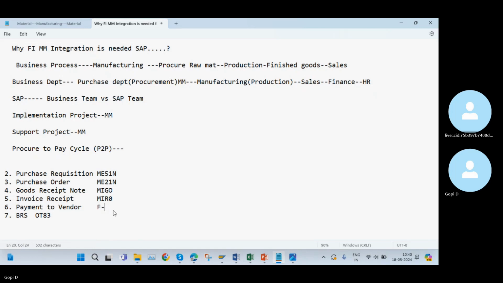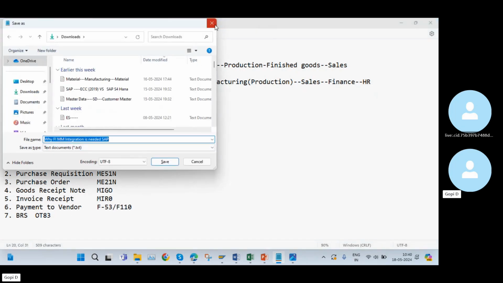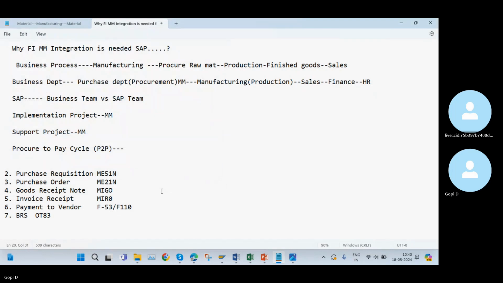The finance team. So the finance team will be responsible for making payments to vendors or suppliers. The procurement team or the MM team doesn't have authorization to make payment to the supplier or vendor.